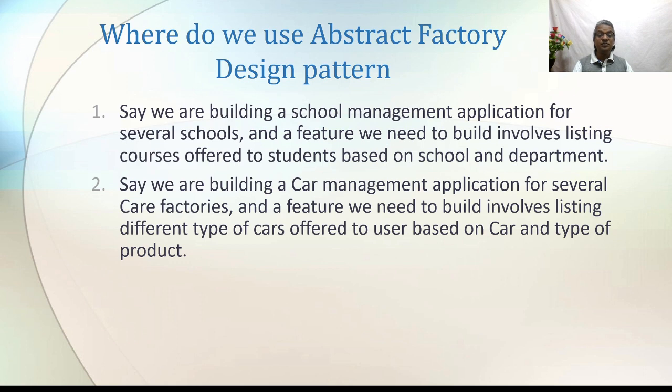Offers are used based on the car and the type of the products. It's 100%. See, when we start with cars, there are different cars, we can say Mercedes Benz, Maruti, Renault. We have a number of car factories.